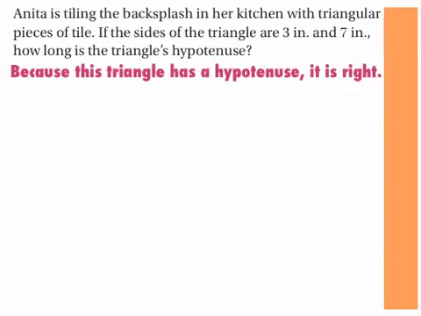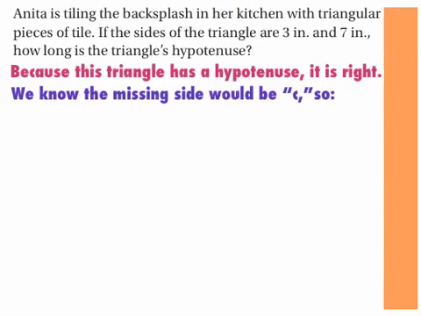It never says that you have a right triangle outright, but because it says how long is the hypotenuse, we know that it's right because only a right triangle has a hypotenuse. We know the missing side would be c in the Pythagorean theorem because the missing side is the hypotenuse. That's the side length that they're asking us to find.